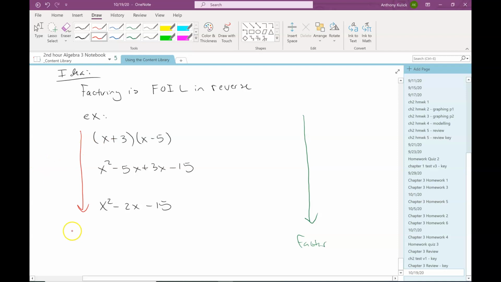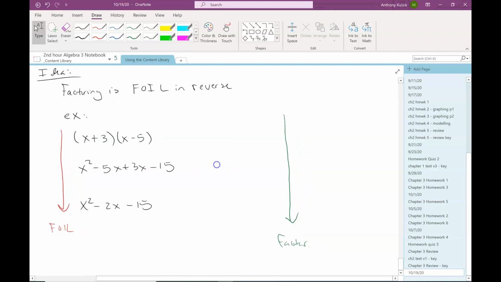So the first step is going to be to somehow get that standard form polynomial to look like this intermediate step in our factoring step.